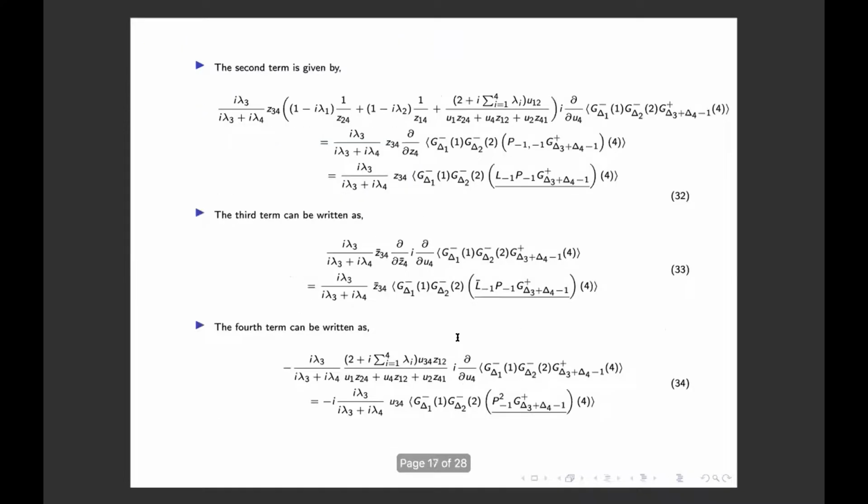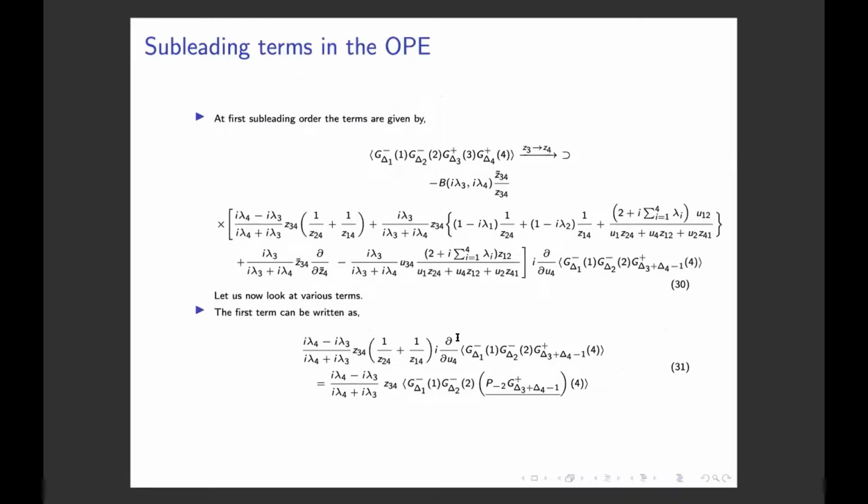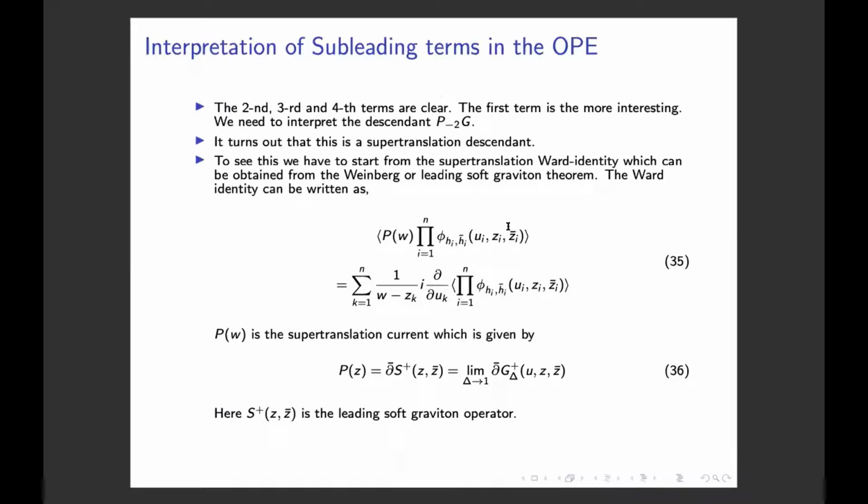Yeah. So now let me come to the interpretation of this p minus 2. This p minus 2 turns out to be a super translation descendant. So how do I know that? This is of course the well-known thing.